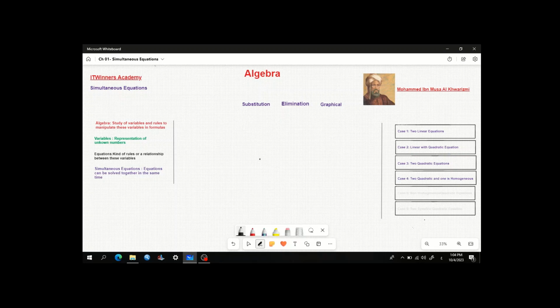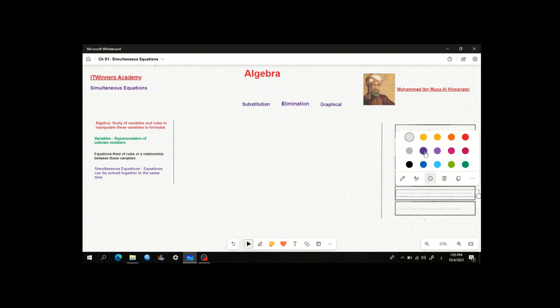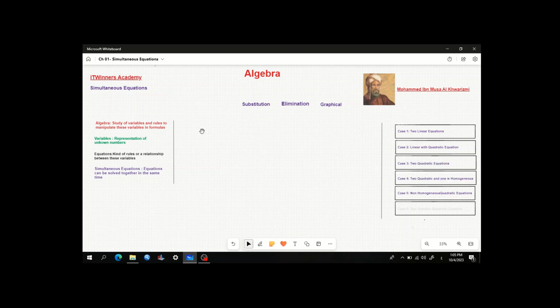Let's move to the first case here: non-homogeneous equations. If I write ax squared plus bxy plus cy squared equal to d, now I have d, so this is not a homogeneous equation.